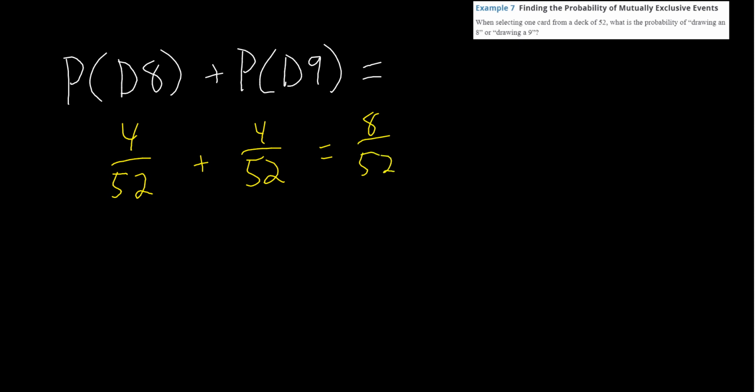If we reduce that, we get 4 to 26, 2 to 13. So 2 in 13 chance of drawing an 8 or drawing a 9. And if we did it not the textbook way, we could say there's four 8s, there's four 9s, so 4 plus 4 is 8, and there are 52 cards, and we could jump straight to this point. It doesn't really matter because we get there no matter what.